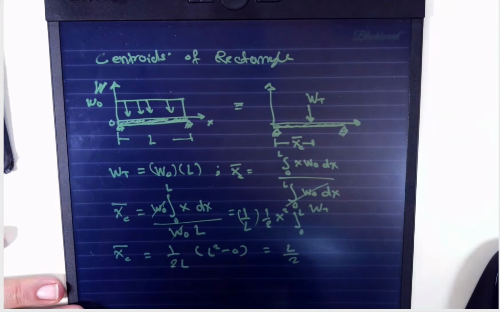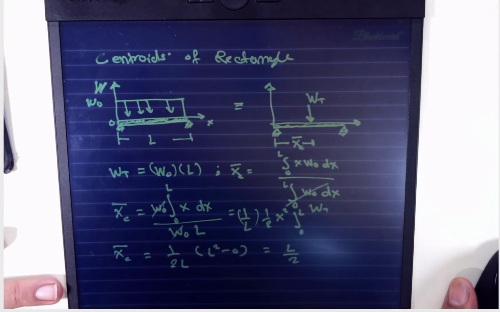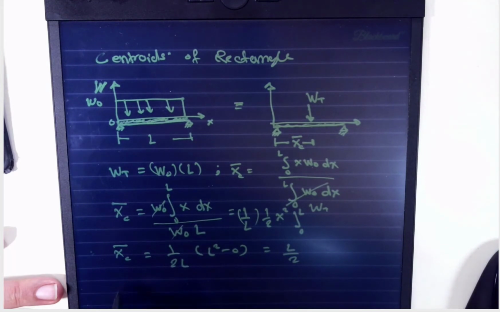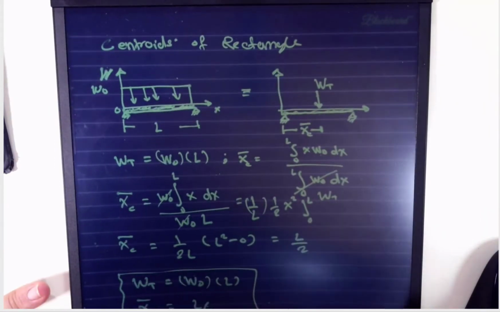So it's half, as we said. So in conclusion, for a rectangular shape, the total is simply W multiplied by the length, and the location is simply L over 2. So this is what I wanted you to memorize for the rectangle.